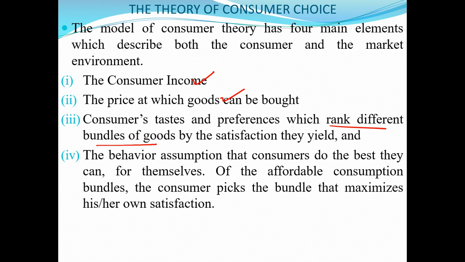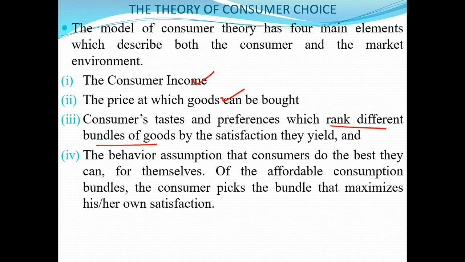So consumer tastes and preferences help in ranking these various bundles of goods and services, depending on the satisfaction that the consumer is going to derive from these various commodities. And then the other factor that is worth discussing under this basic model of consumer theory is that of rationality.